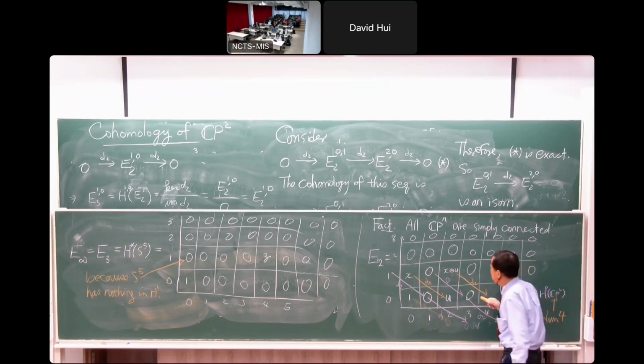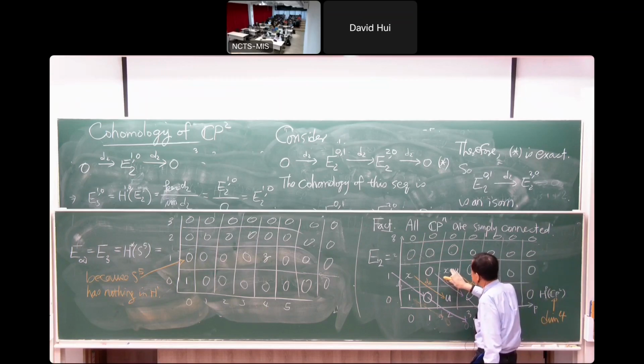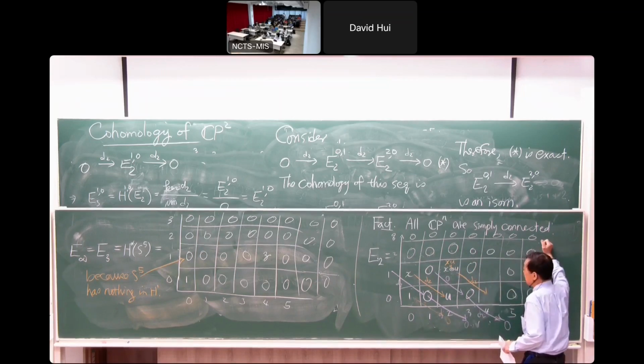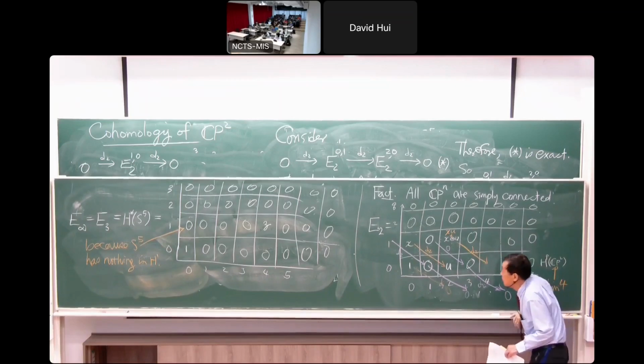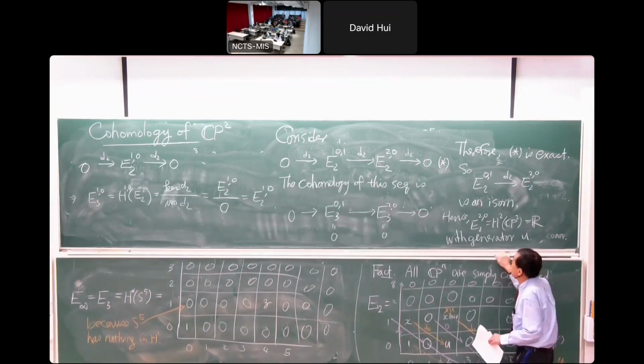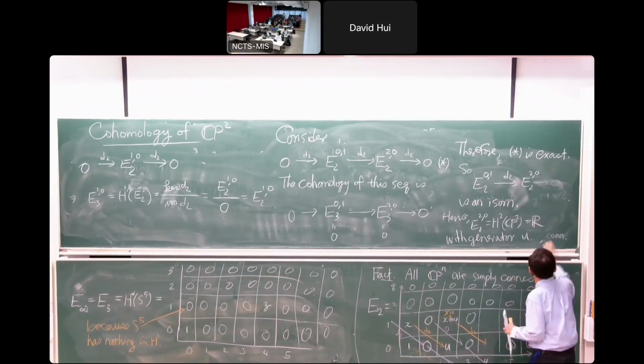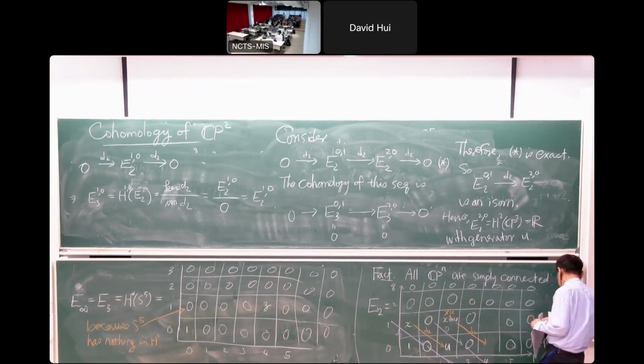Now instead of writing that, we'll just write XU, just to be simpler. And so this D2 is also an isomorphism, and this U is D2 of X.